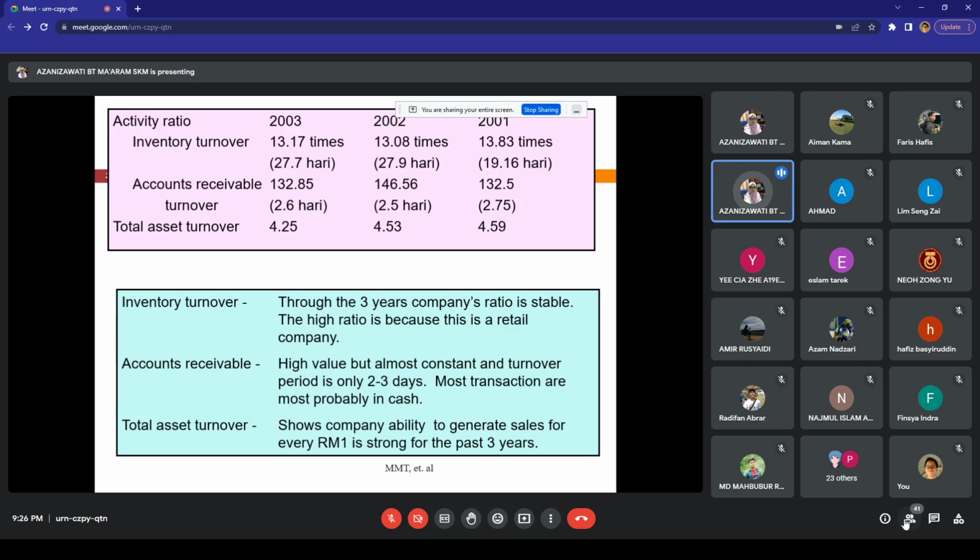So you have to see the factors that may affect their performance during these three years. Unless you get 2020 to 2022. So 2022 is maybe during the endemic, so everyone is back to normal.